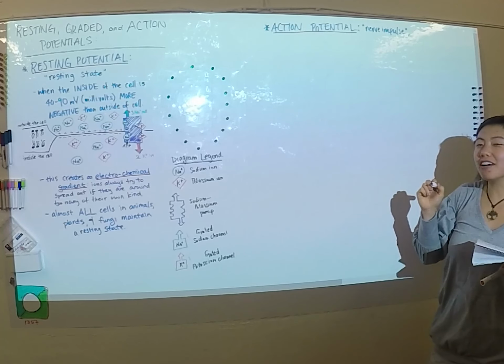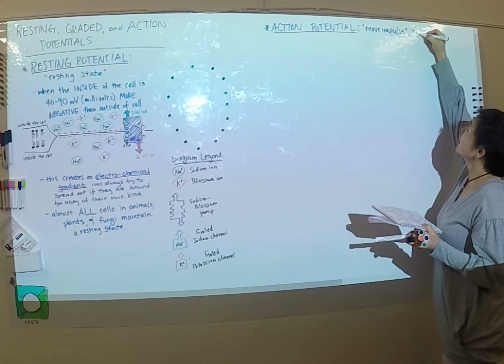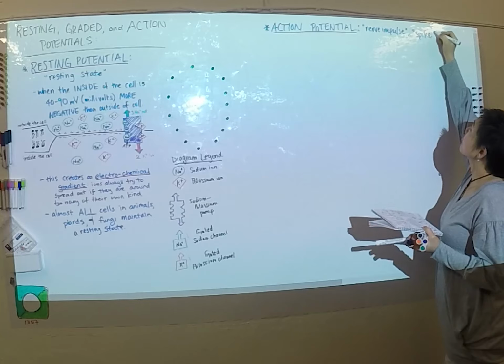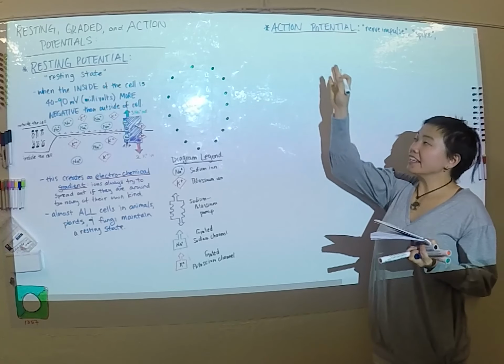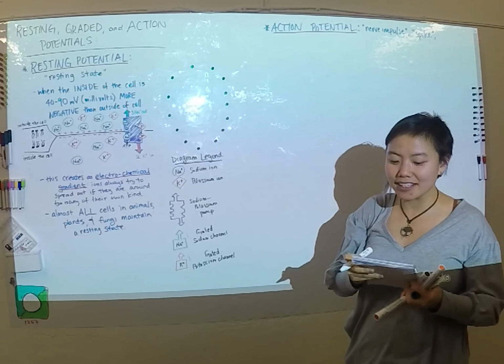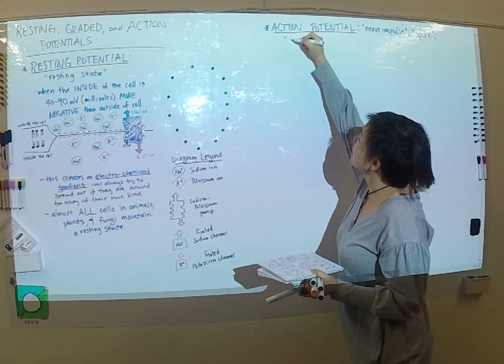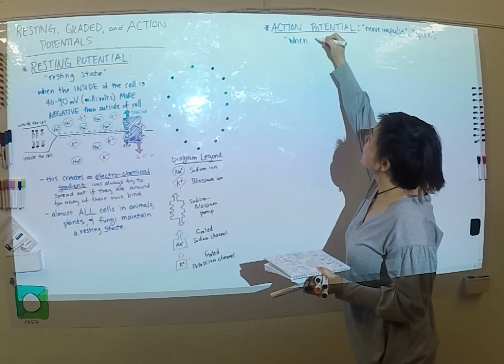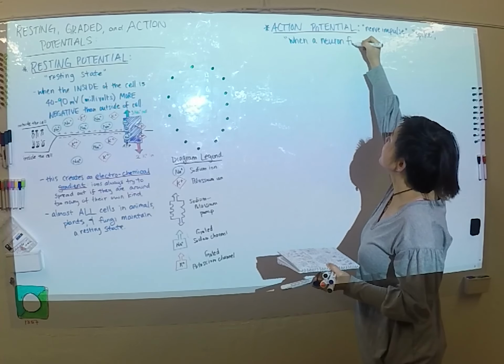It can also be called a spike, okay? And an action potential can also be described as when a neuron fires, okay? When a neuron fires.